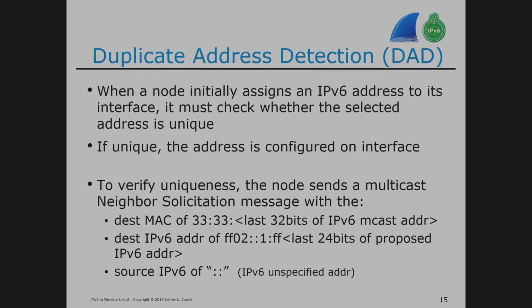It's actually hard to even see, like in Windows or in Mac OS, you can execute commands, of course, to see your addresses. You can see the state. And that tentative state is a blink, typically, these days. But the duplicate address detection must run for any address, for any device. Any IPv6 enabled interface is supposed to do the DAD. So you'll see those kinds of packets out there.